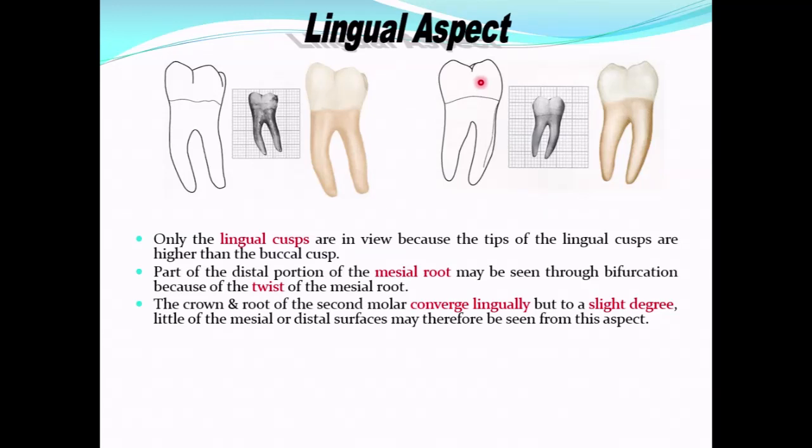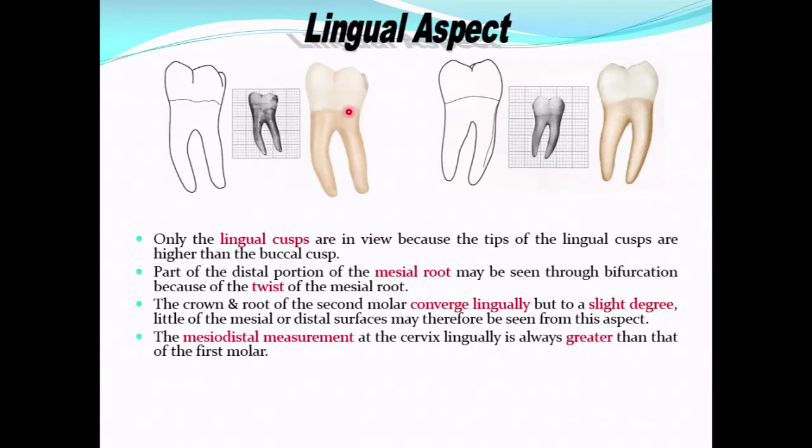So naturally, what will happen? The part that could be seen from the medial or distal is less in comparison with that of the mandibular first molar. The convergence here is less than here, and therefore the part seen from the distal or medial aspect will be less in the second molar than in the first molar.